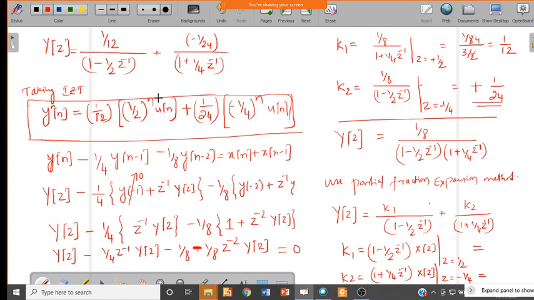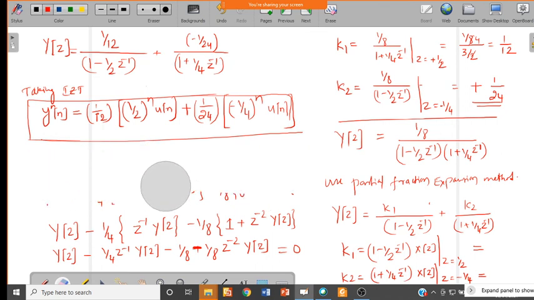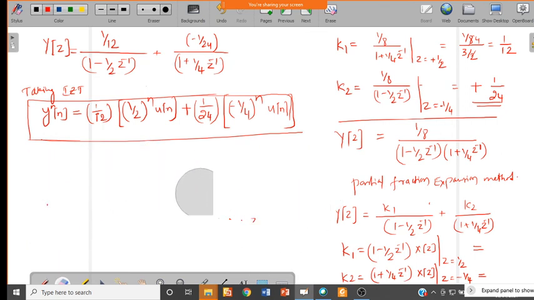So now take one more problem and try to get the answer in the next class, so at least you will get to know how to do it. So take this one, y of n.